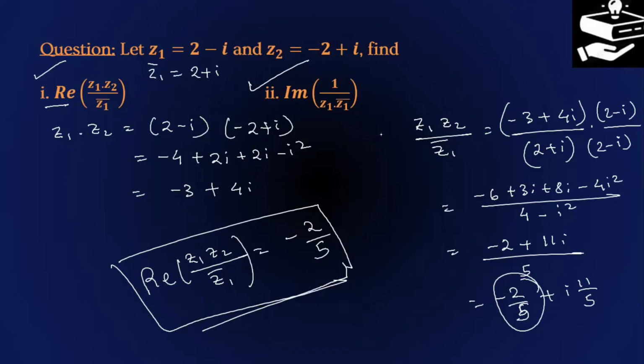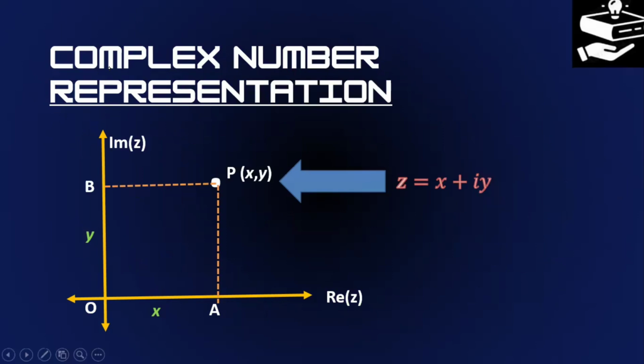Okay, let's move on. Now we have learned about complex numbers. We have seen that the standard form of a complex number is the Cartesian form. Cartesian form means it should be represented in the Cartesian plane. How can we represent this in the Cartesian plane?